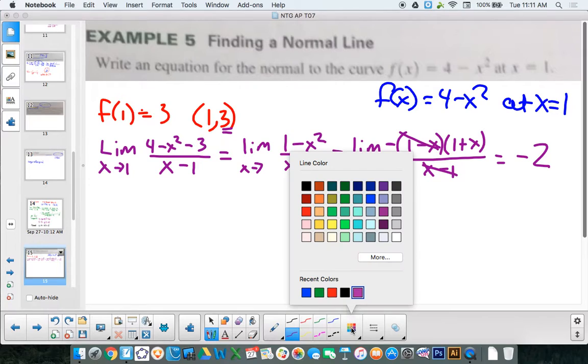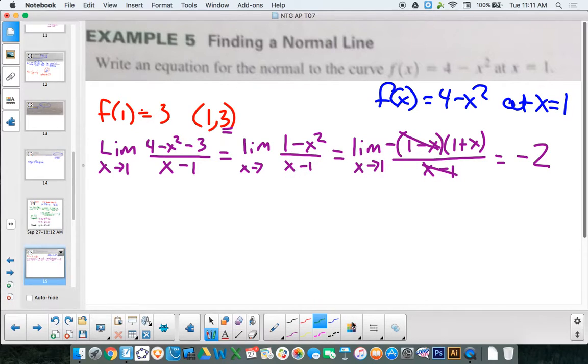So my tangent line would be y minus 3 equals negative 2 times x minus 1.